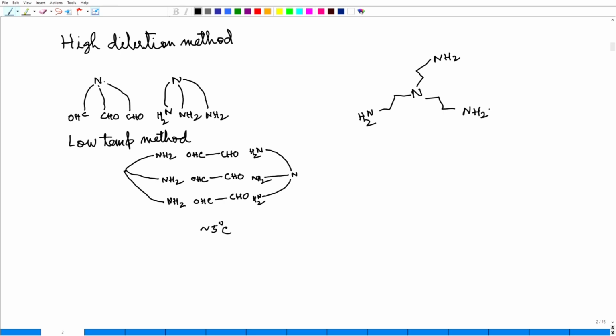At room temperature, if you put it in a solution, this amine is playing with all these three arms, but if you lower the temperature, the degrees of freedom of movement of these three will be drastically reduced.